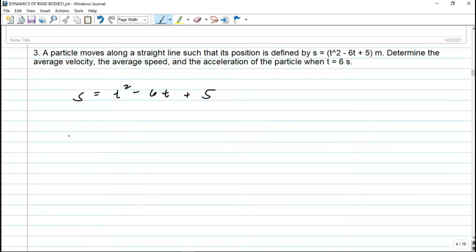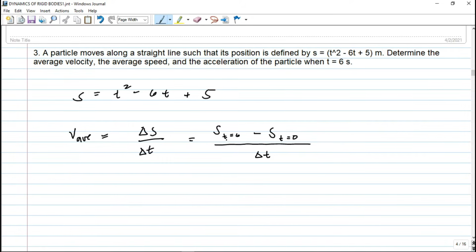So the average velocity is the displacement divided by change of time: the position of the body at time 6 seconds minus the initial position, all over the change of time.